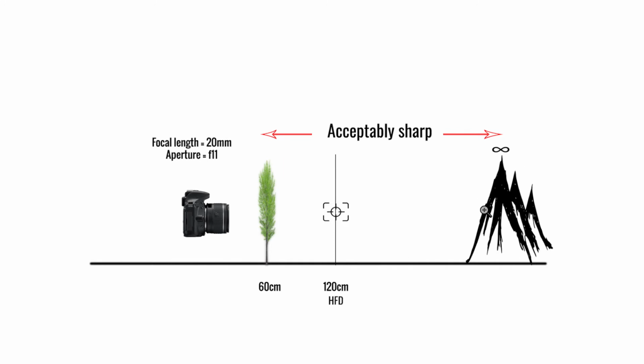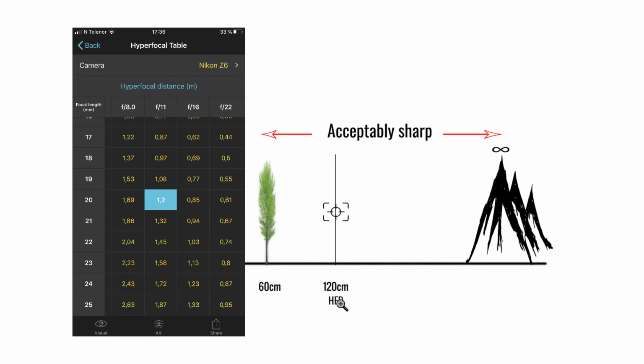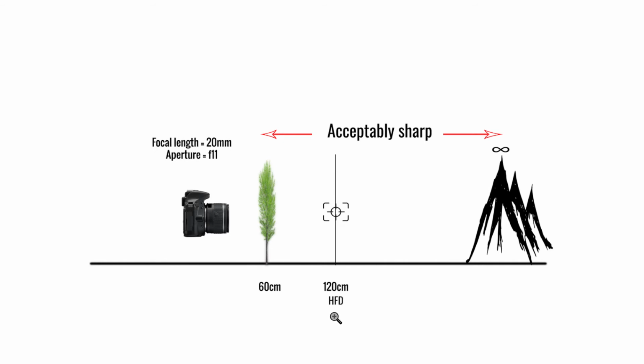A combination of a given focal length and an aperture has a fixed hyperfocal distance, and this is a real example. With a focal length of 20 millimeter and an aperture of f11, the hyperfocal distance is actually 120 centimeters. That means everything from 60 centimeters and all the way to infinity will be sharp in this scenario.